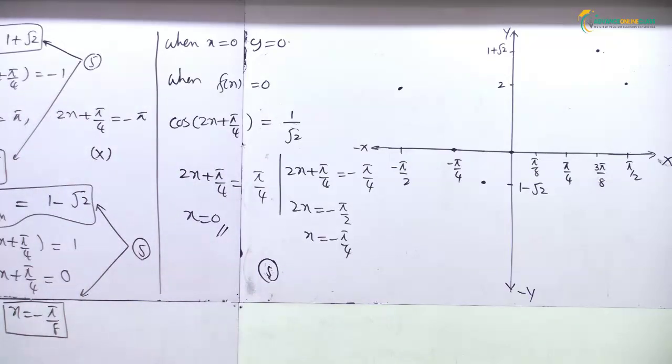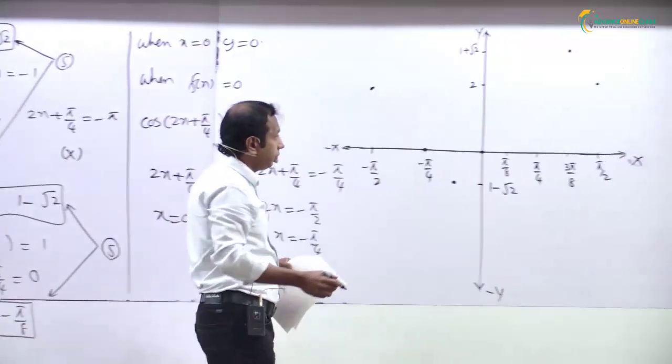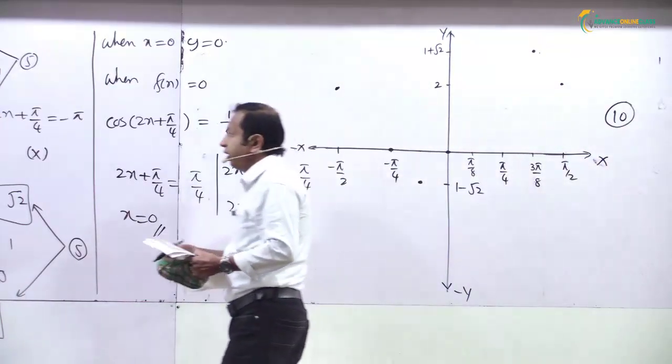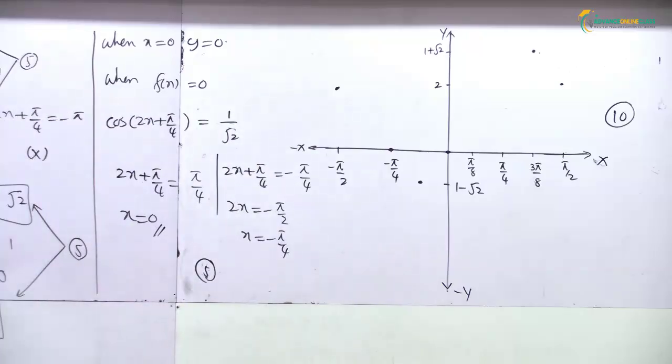For the graph, 10 marks coming now. There are many things to find, but when you practice this, very easily we can find that.